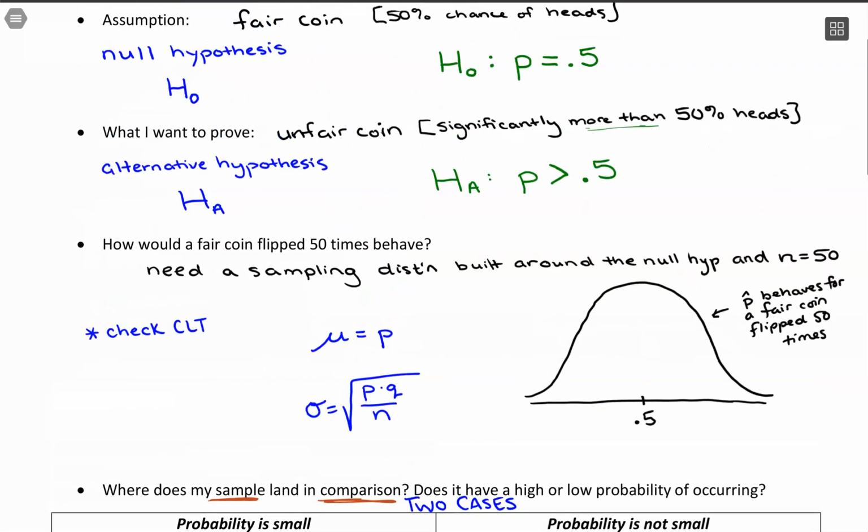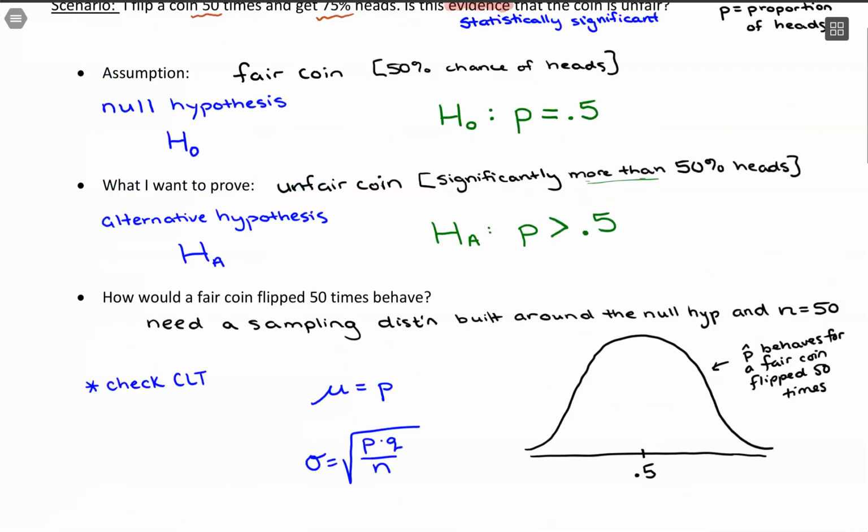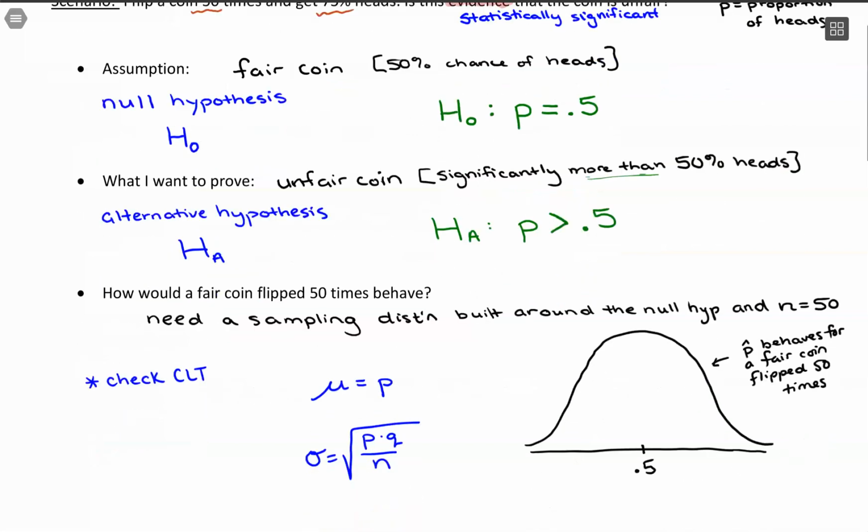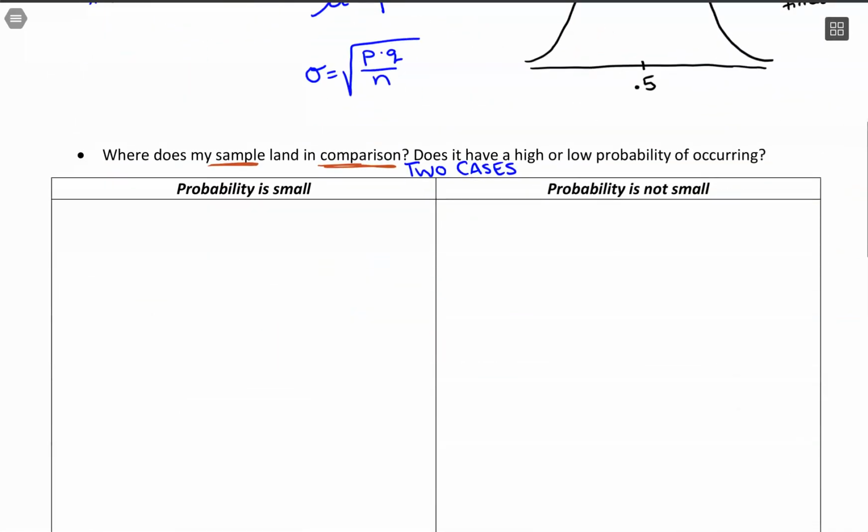Or what it comes down to is we'll have evidence for the alternative hypothesis, or we will not have evidence for the alternative hypothesis. Something I'll emphasize when we go through this more is that we aren't proving that we have a fair coin. We're just trying to answer this question of, is there evidence that the coin is unfair? And it'll essentially be a yes or no. Yes, we have evidence, or no, we don't have evidence. So that's where it splits into these two cases.